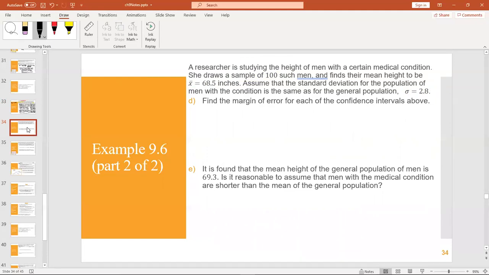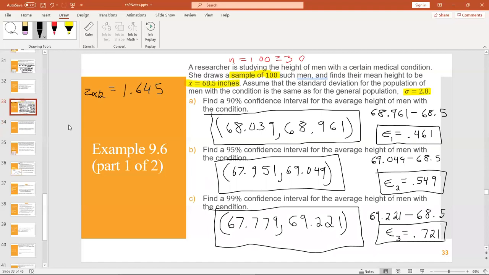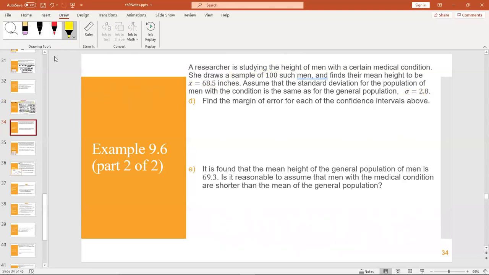So you notice the highest we get is 69.22, and they're saying 69.3. That is above the 99% confidence interval.